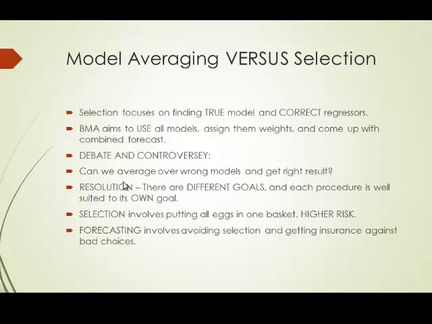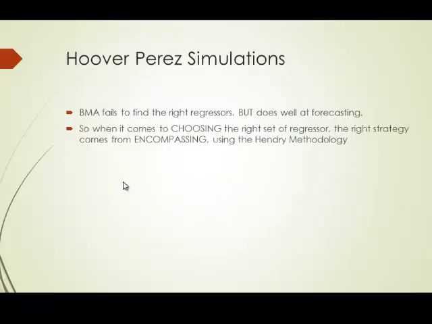This is not relevant to my current talk, so I won't mention this more than that. It seems paradoxical, but it is true that the false model can forecast better than the true model. So the Bayesian model averaging fails to find the right regressors, but it does well at forecasting.